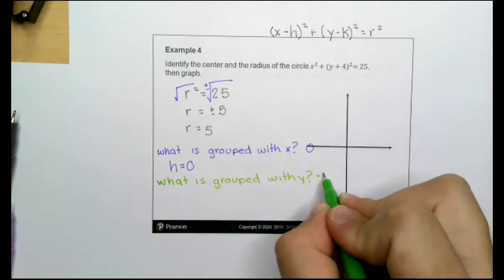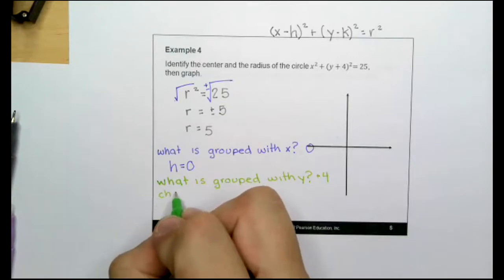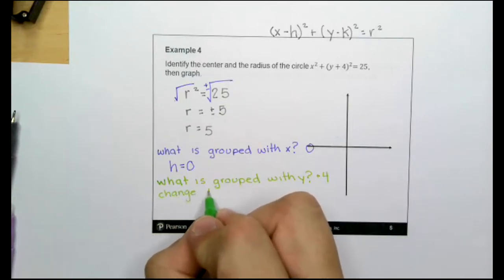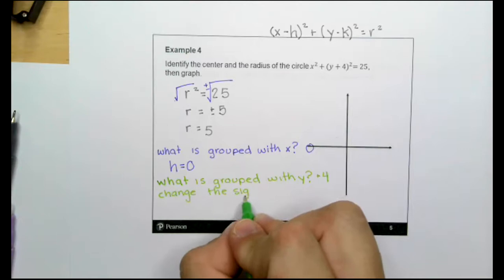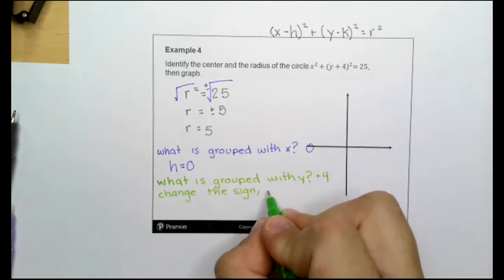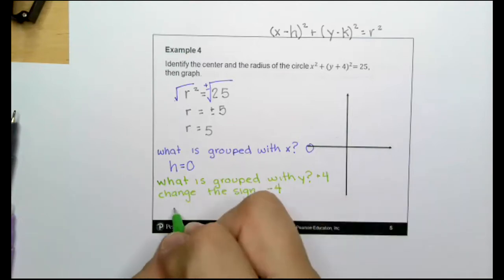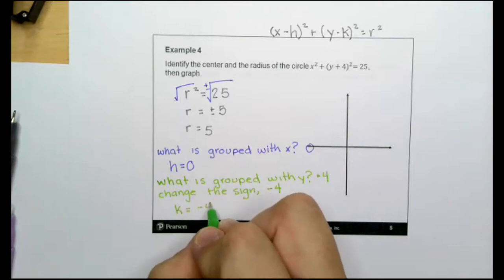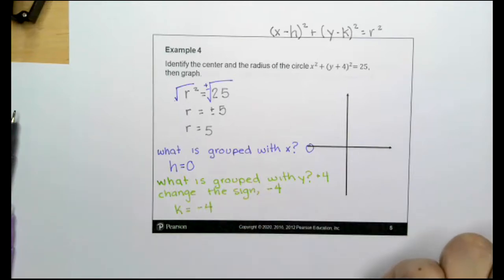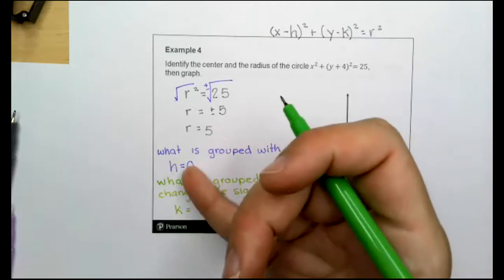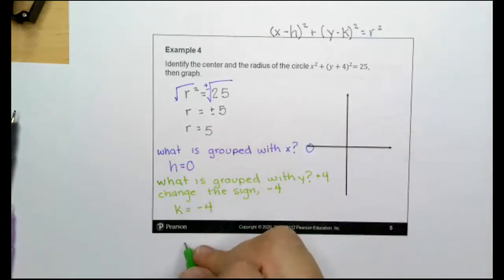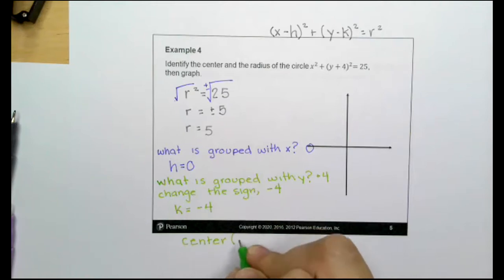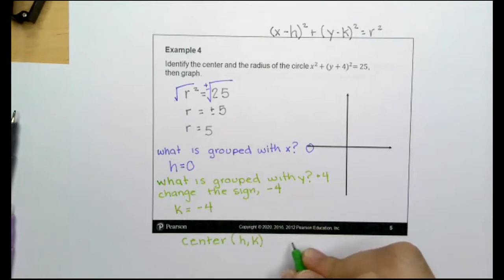A positive 4. Change the sign. K is -4. So we know r is 5, h is 0, k is -4. The center is always hk. So that is 0, -4.